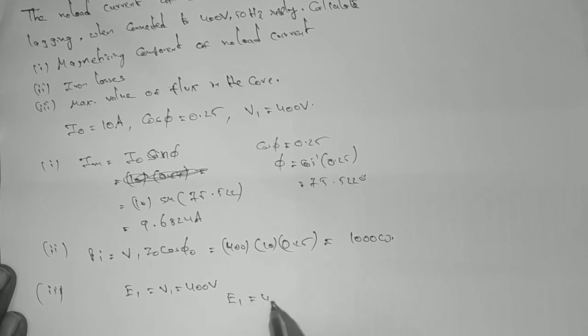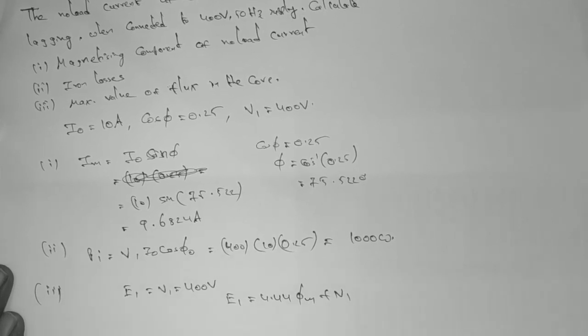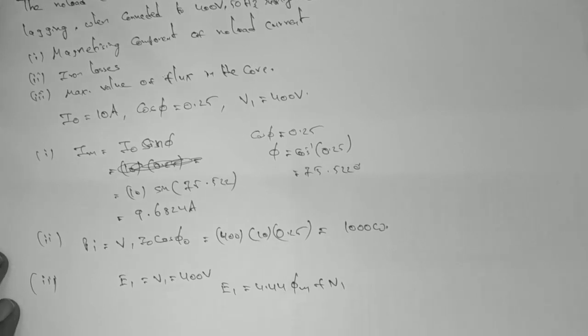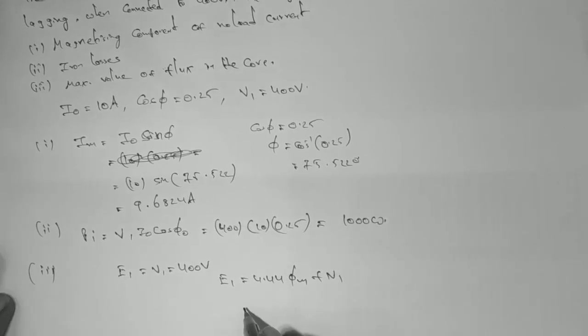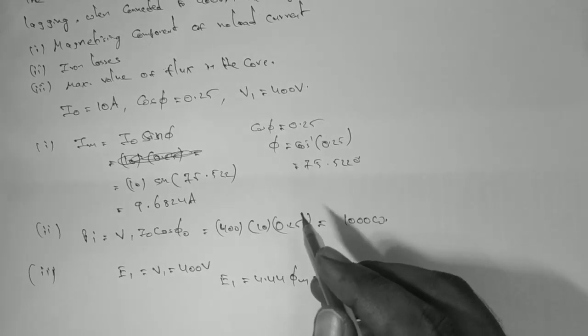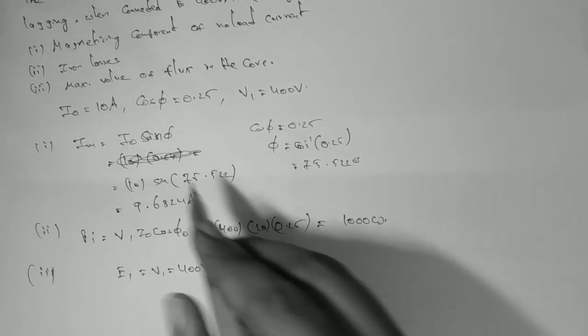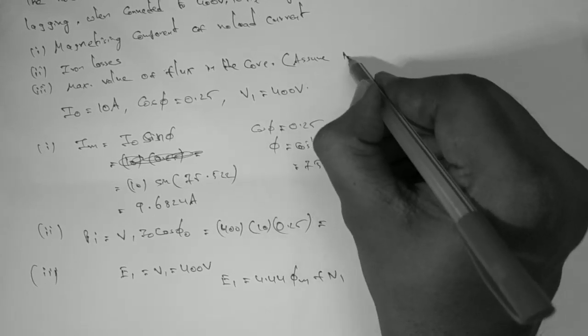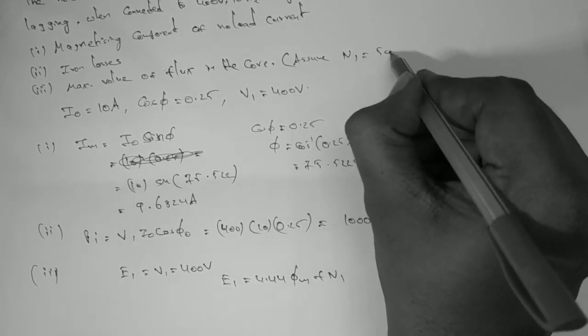So the known formula E1 is 4.44 phi m F N1, where phi m is the maximum flux, F is the frequency, and N1 is the number of turns. Actually, the number of turns should be given in the question. So E1 value 400 is given, but N1 value is given as an assumption. I forgot to write it in the question: assume N1 is 500.